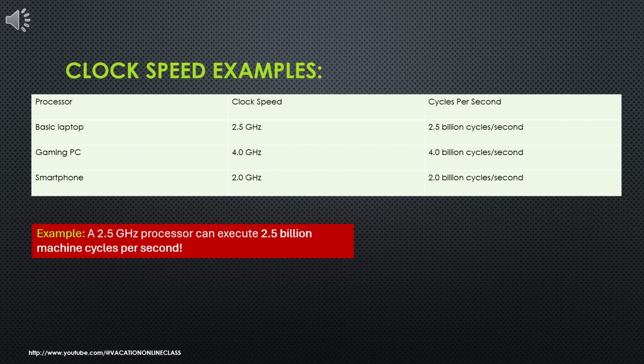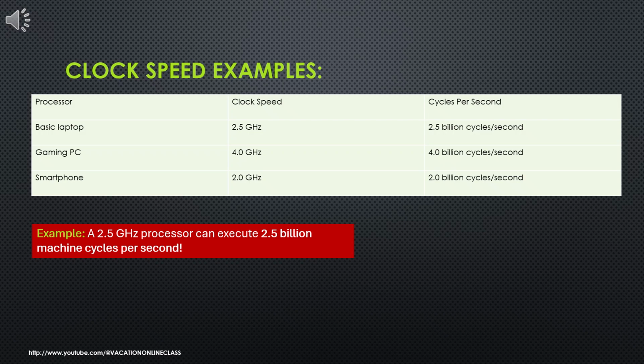So what do these gigahertz numbers you see on a computer box actually mean in practical terms? They aren't just marketing jargon. They translate directly to how much work a processor can do every single second. The slide gives us a comparative look at different types of devices.